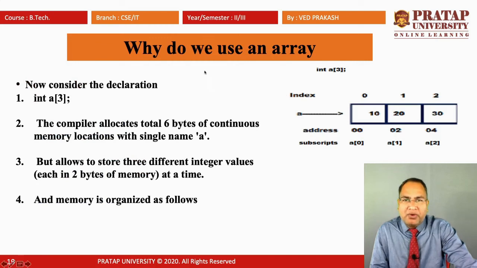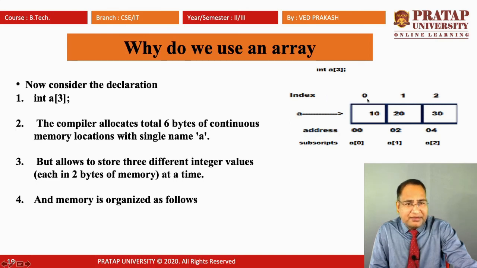Now, why do we use an array? Consider the declaration int a[3]. When we declare this statement, memory will be allocated in such a way: a[0], a[1] and a[2]. These are known as the subscripts of this array, and the array index is always allocated starting with 0 and so on.